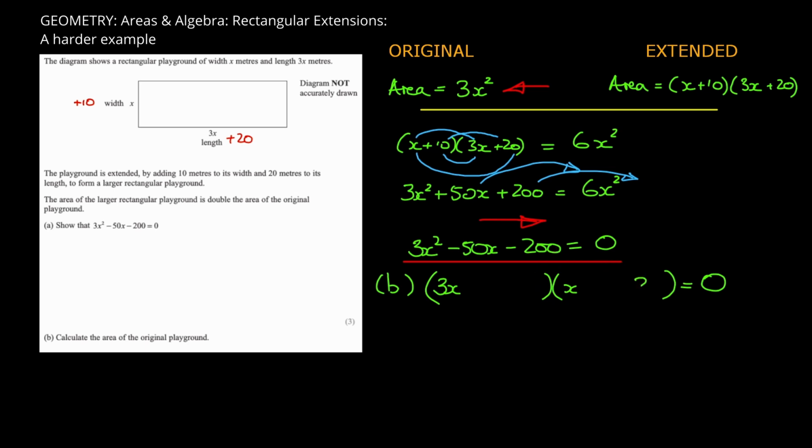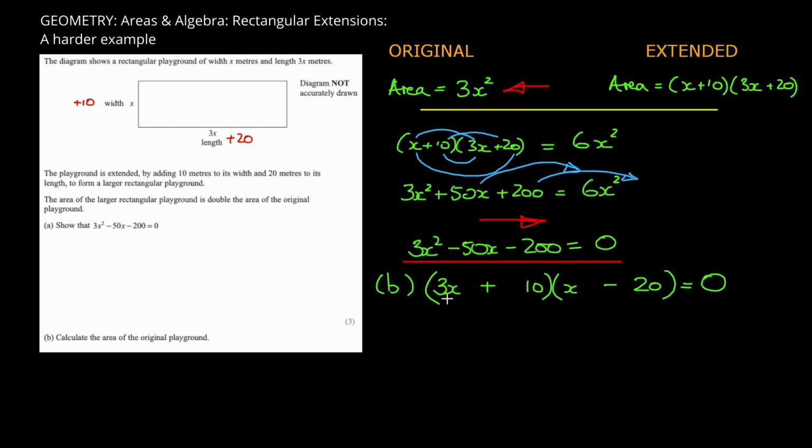But if we put the 20 here and the 10 here, so let's have a look at the underneaths. We've got 10x here and 60x here. If we make this guy negative and this one positive, we will still get the negative 50x, but we will now get negative 200 from this multiplication.